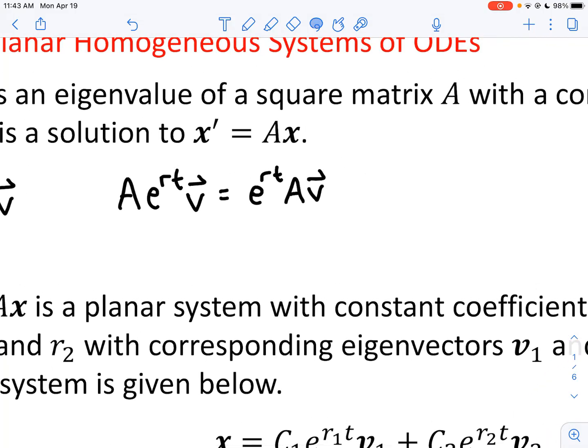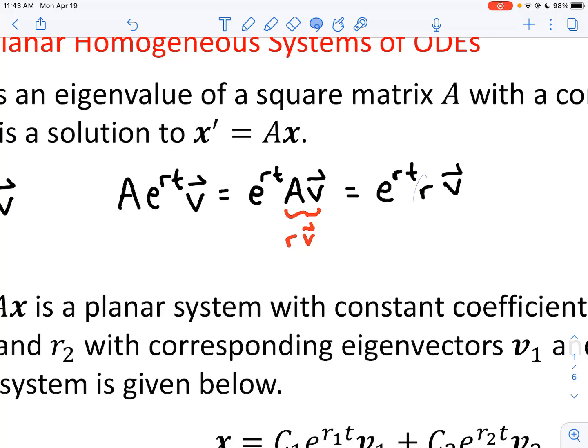But because v is an eigenvector of this matrix, when you multiply the matrix A times v, you should get the eigenvalue times the eigenvector. So this part right here is the same thing as r times the eigenvector. So this allows me to say that we have e to the rt times the scalar r times the eigenvector v.